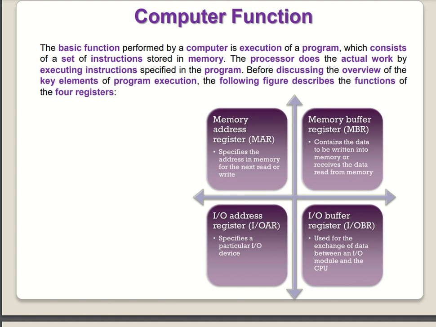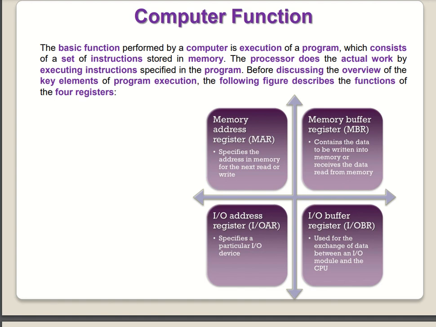So these are the four registers. We need to know these four registers better. First one, the memory address register. From the name you can understand that it specifies the address in memory for the next read or for the next write. And then the memory buffer register. The buffer contains the data to be written to the memory, or the data read which is received from the memory.